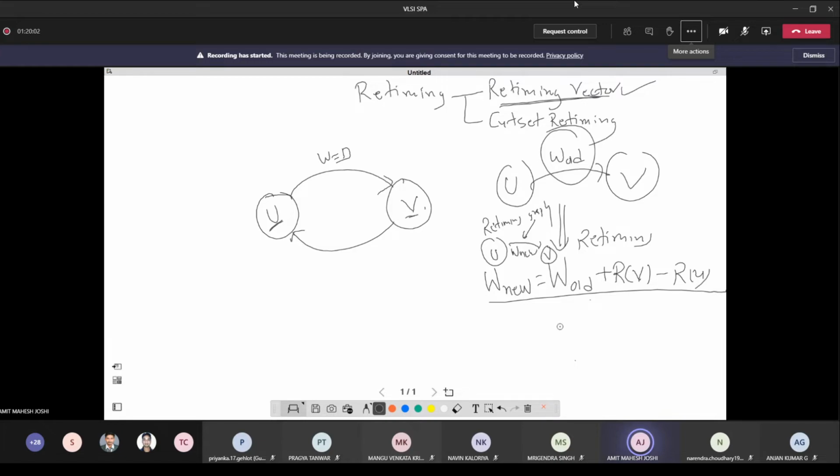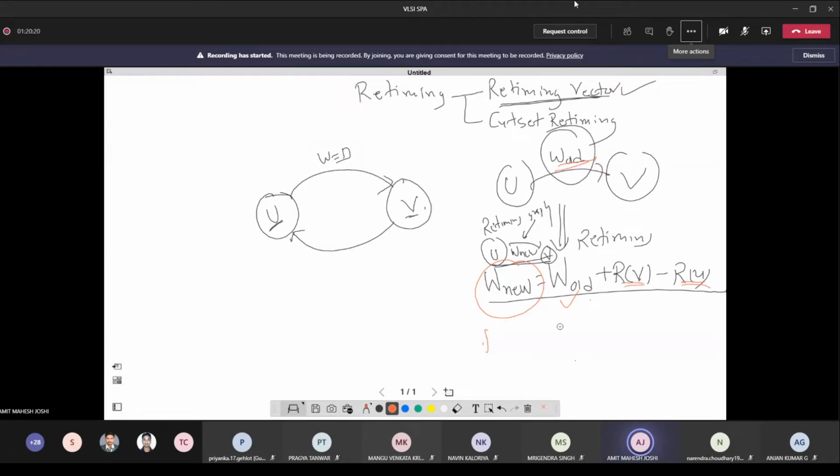So I apply the retiming concept and then I get a new graph. Over there the W new would be W old, that is my original weight, plus RV minus RU.